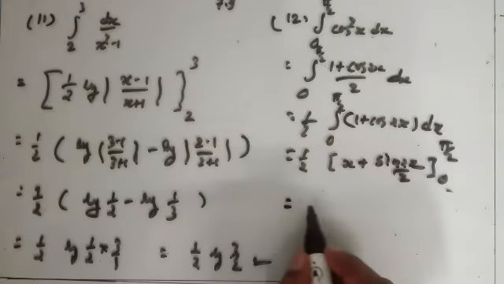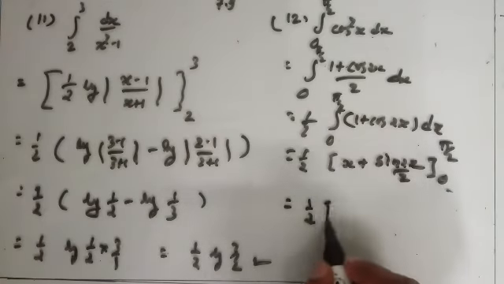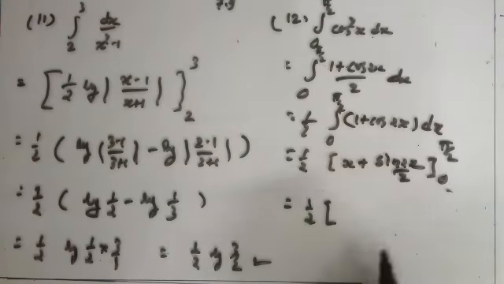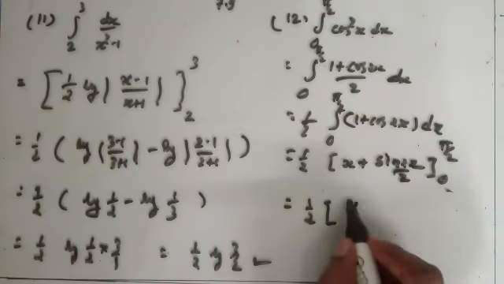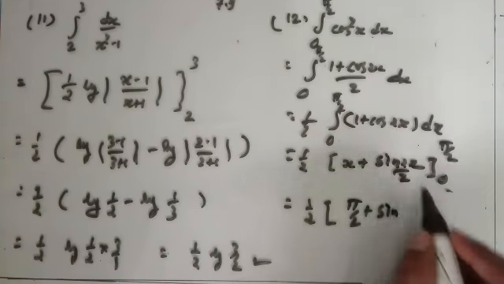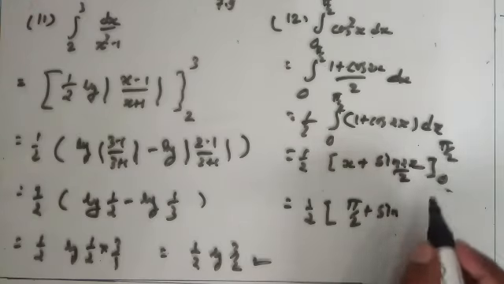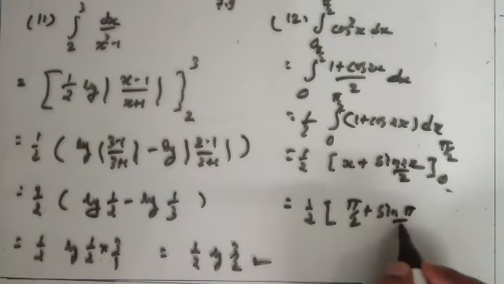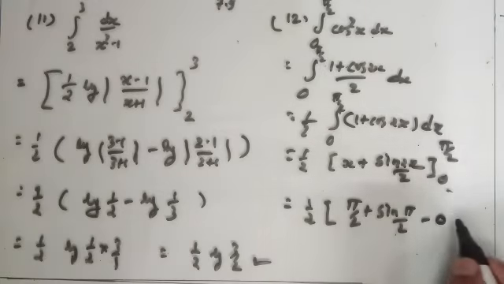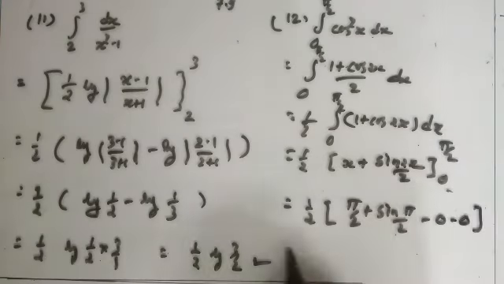So it is equal to 1 by 2. Now apply limits. First put here pi by 2. So here we get pi by 2 plus sin 2 into pi by 2, which becomes sin pi upon 2, minus 0. This term also becomes 0. Clear?